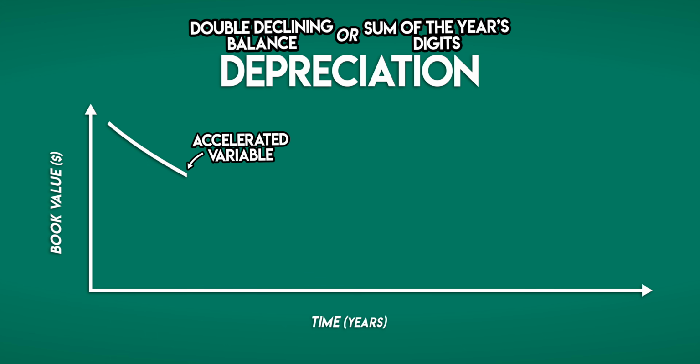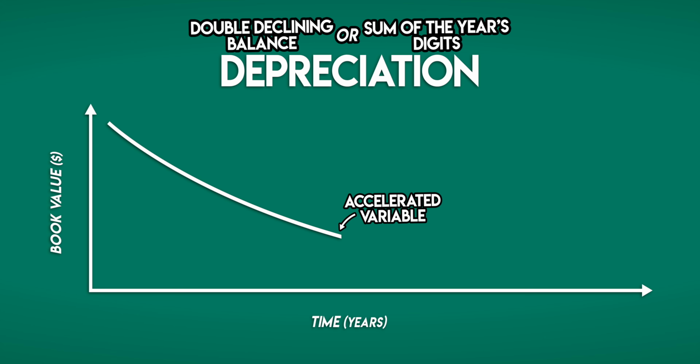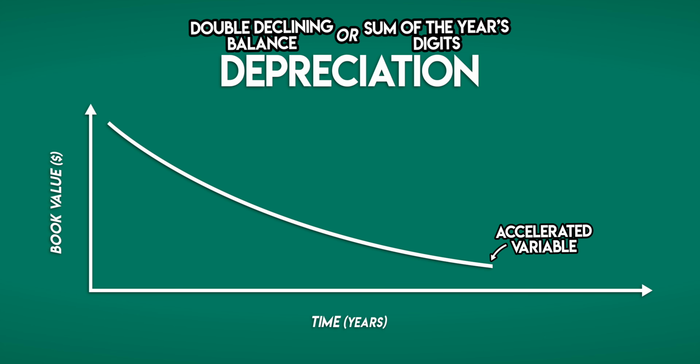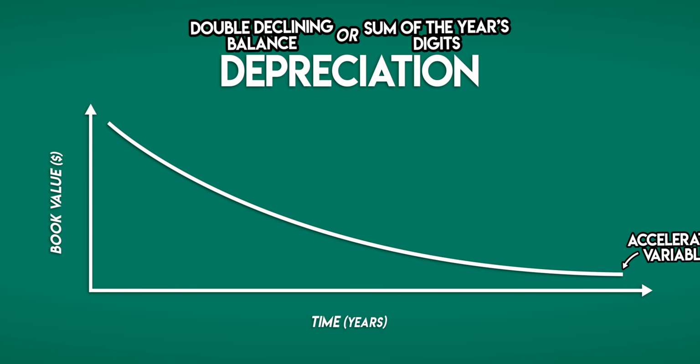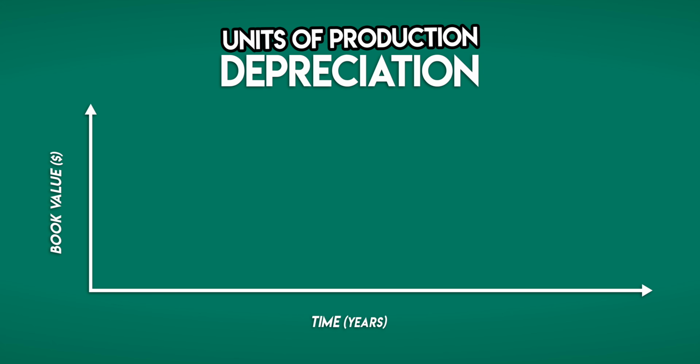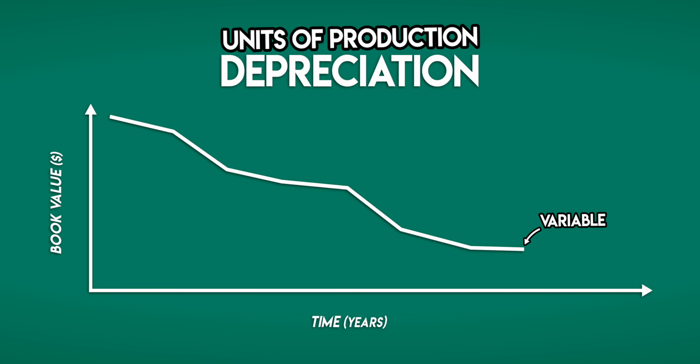These are what we call accelerated variable cost depreciation methods, where the expense is higher in early years. And then we have the units of production method. This is also a variable cost depreciation method, but it's not accelerated. Instead, the depreciation expense mirrors the actual physical use of your asset. But in this video, let's assume that you're using the straight line method.